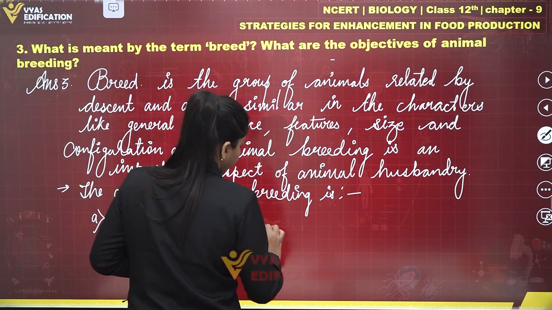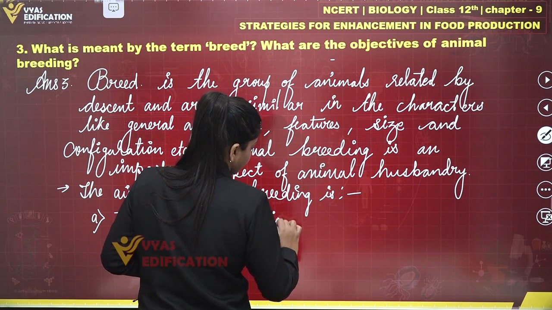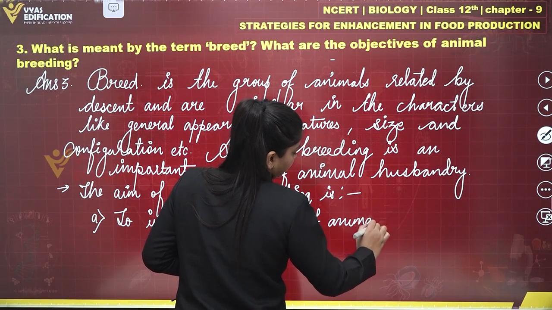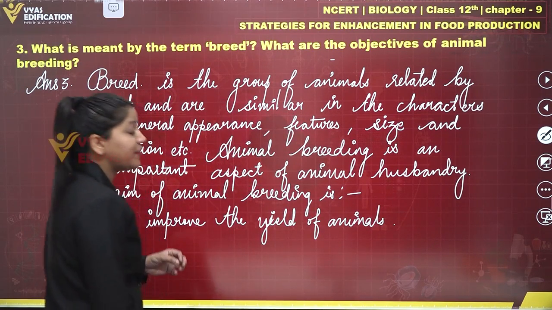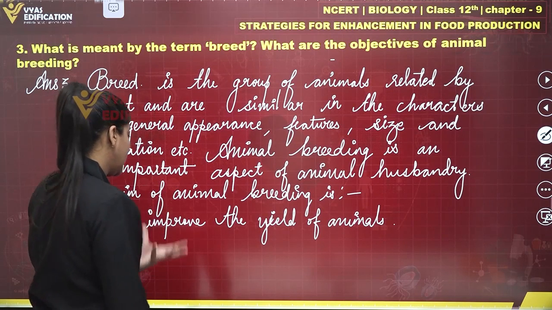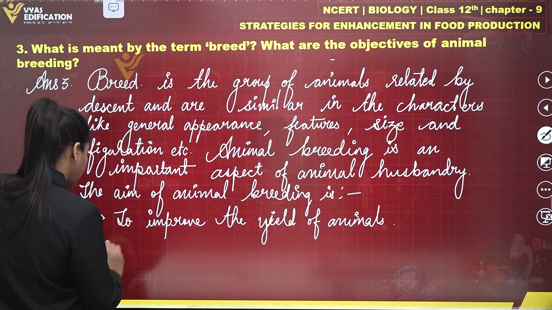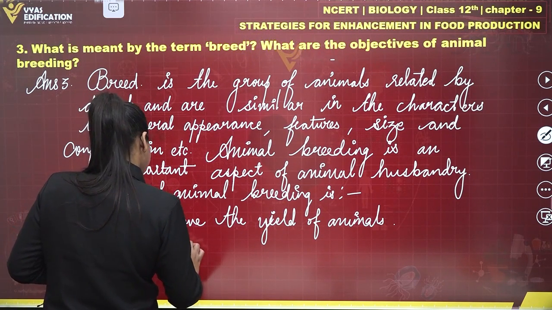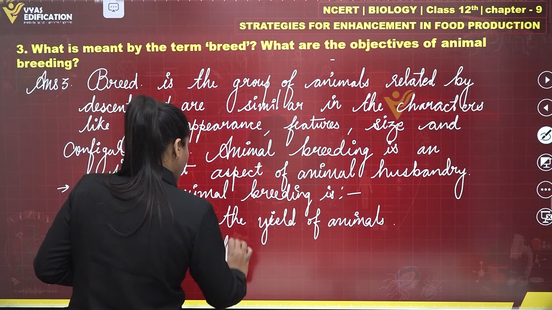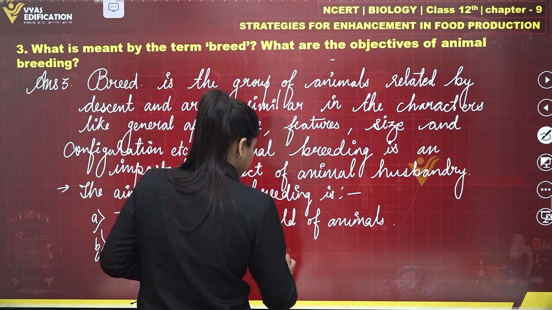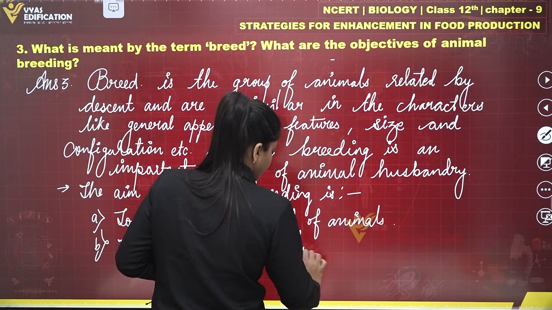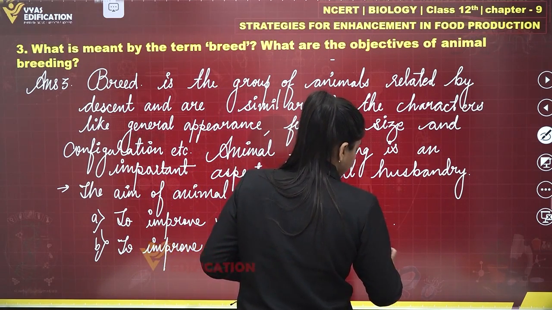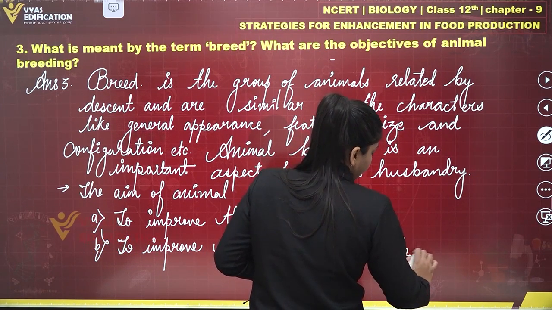The aim of animal breeding is to improve the yield of animals and improve the quality of desirable products.